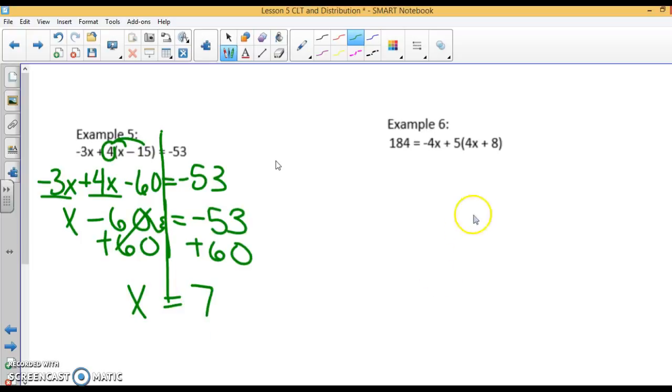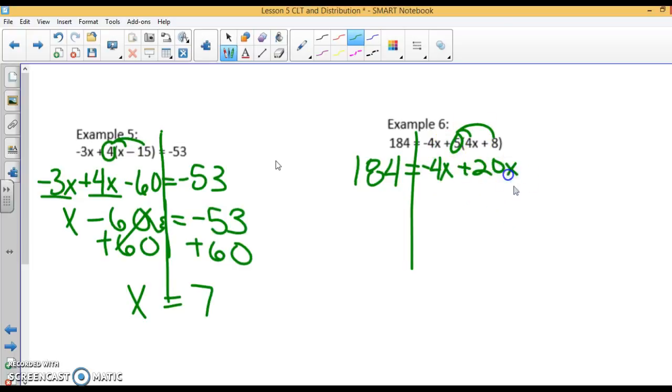And let's do example 6. I have 184 on this side, and I'm doing 5 times the quantity 4x plus 8, so I can leave my negative 4x right here for right now. I'm going to do 5 times 4x, which gives me 20x, then 5 times 8, which is going to give me a positive 40.